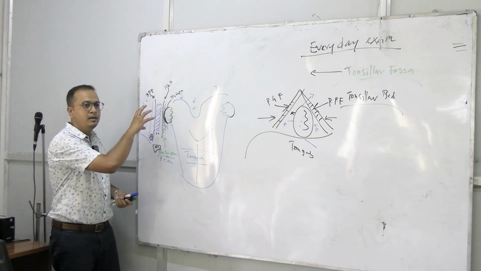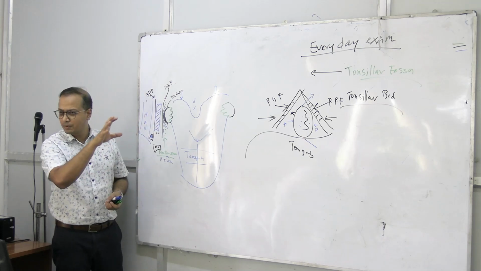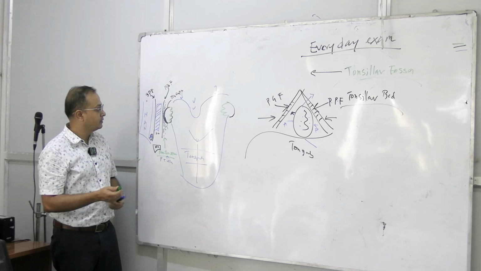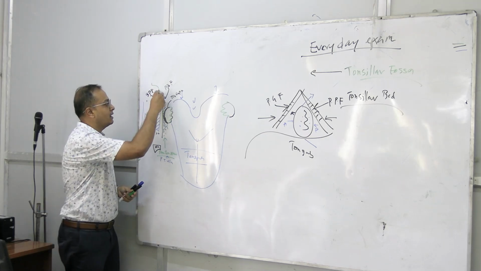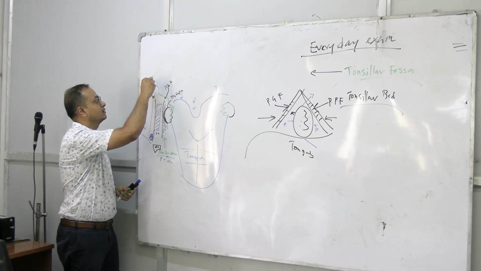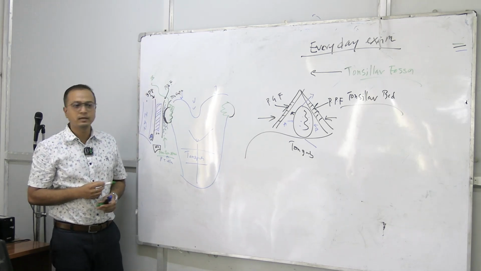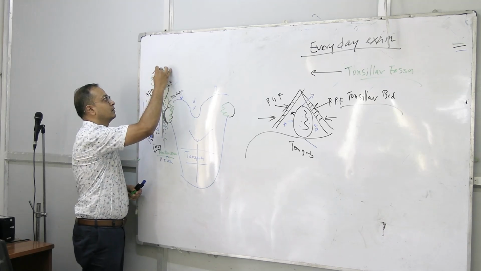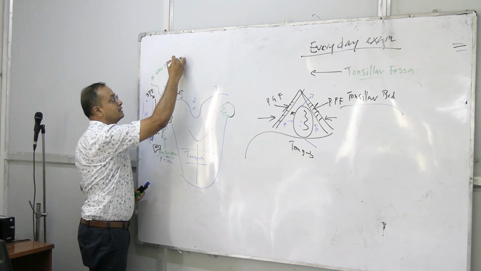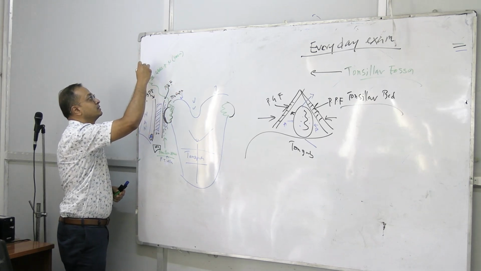Fine. Now we need a blood supply to this tonsil. We need nerve supply to the mucosa around it. The nerve supply comes from a branch of the ninth cranial nerve, the glossopharyngeal nerve, which supplies the sensory division, coming from the tympanic branch.